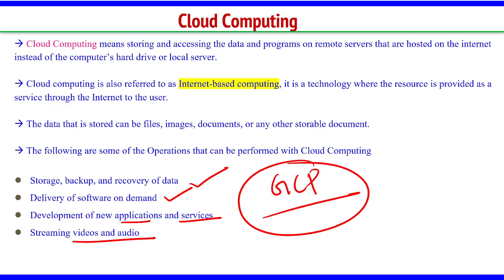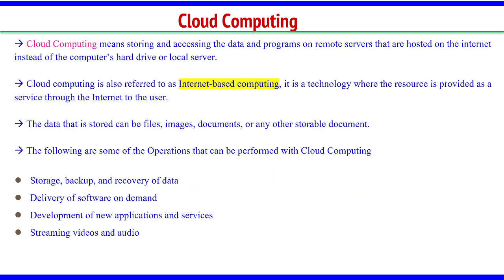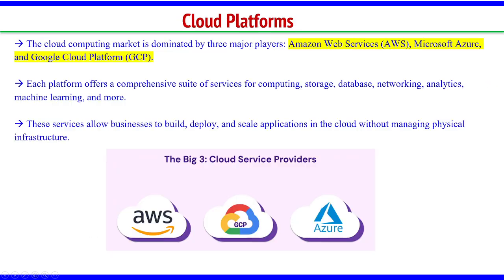The backend cloud platform for YouTube is Google Cloud Platform, because YouTube is a product of Google. All cloud platforms provide us a lot of services, and we will see what services they offer to help us through their business.